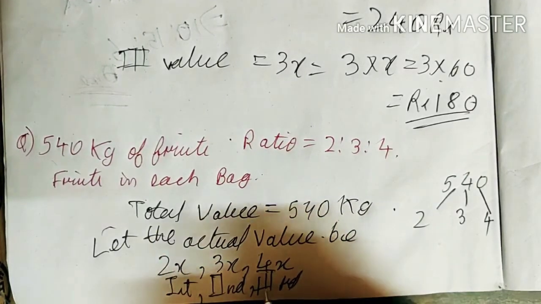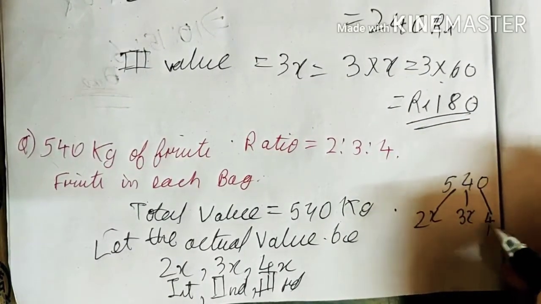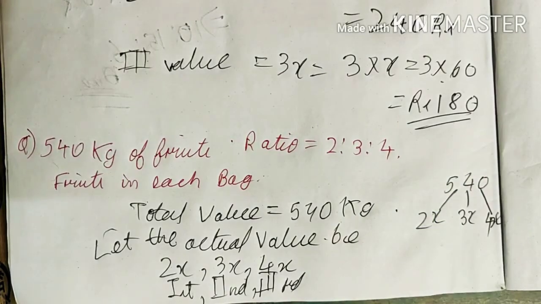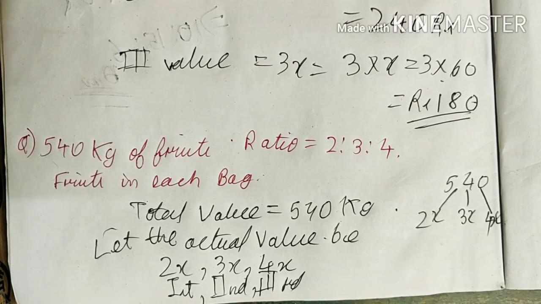Okay, these are the 3 bags in which you have filled 540 kg of fruits in 2x, 3x and 4x amount. Means like you had 10 kgs of potato, and you filled 5 kg in one bag, 2 kg in another bag and 3 kg in another bag. So what was the ratio? 5:2:3. So here we don't know the actual value, in what amount we have filled.